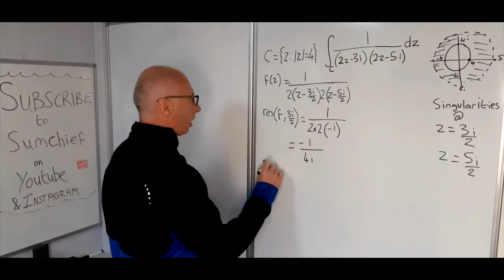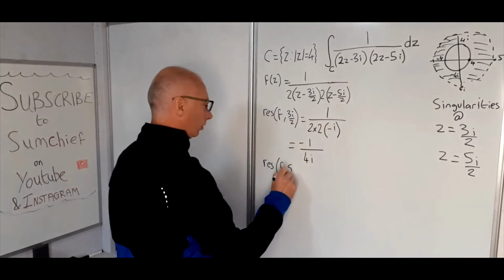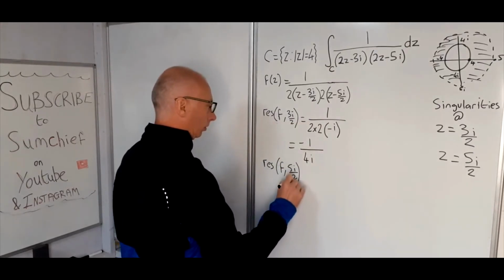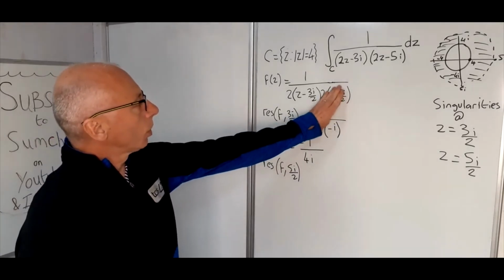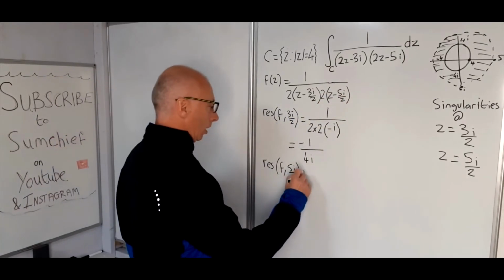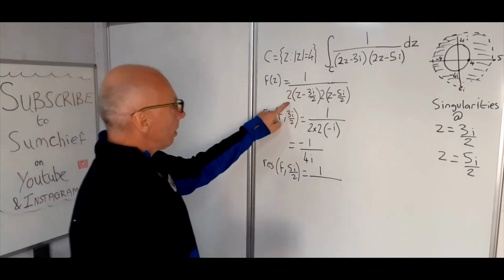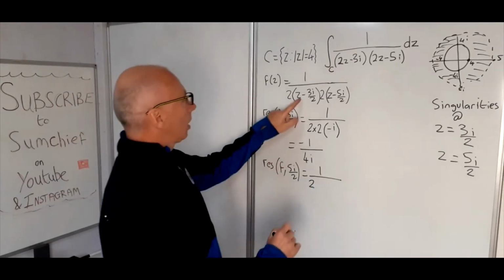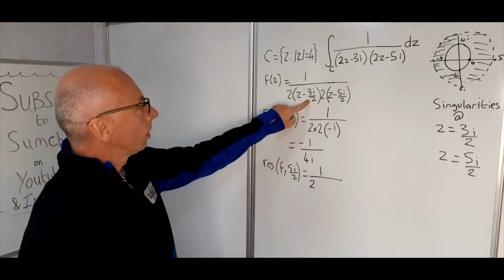Next residue we're going to find is at this one, 5i over 2. Okay, so this time we plug in the 5i over 2, which will cover up this one. And we'll then be left with 1 over 2 stays, 5i over 2 minus 3i over 2.